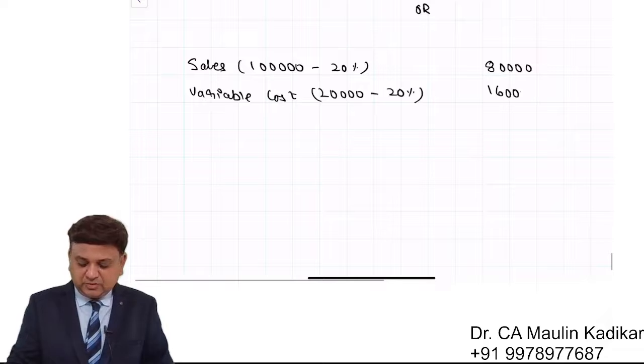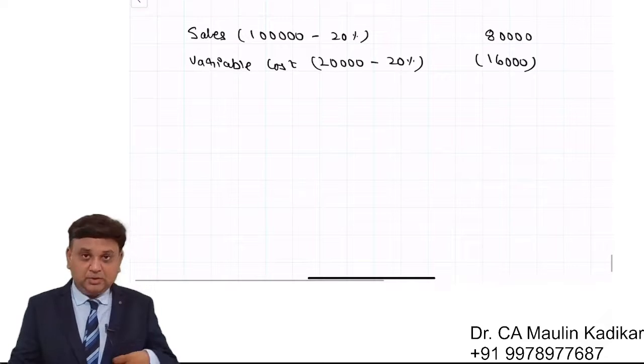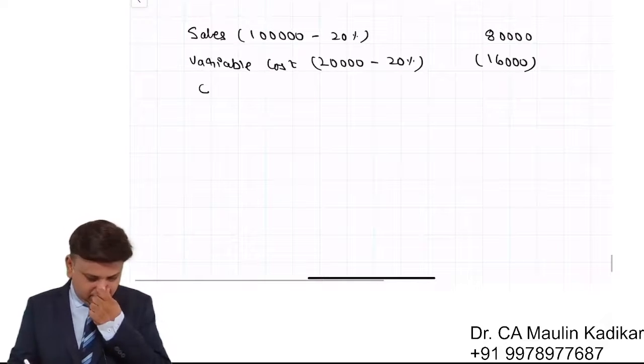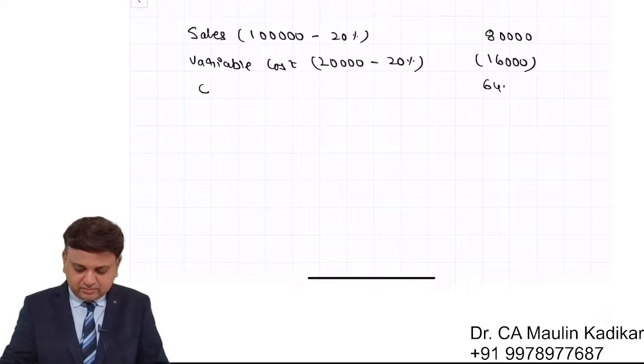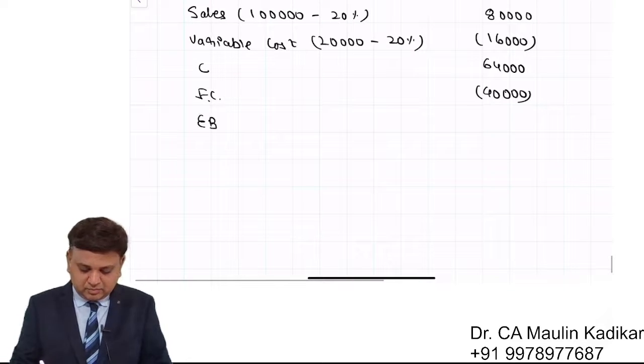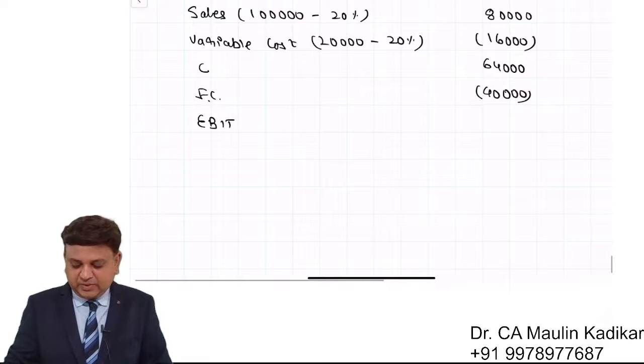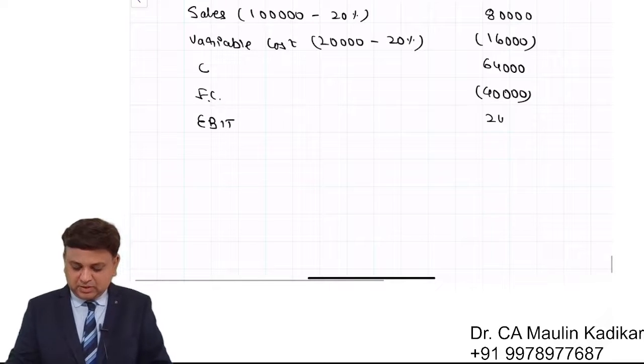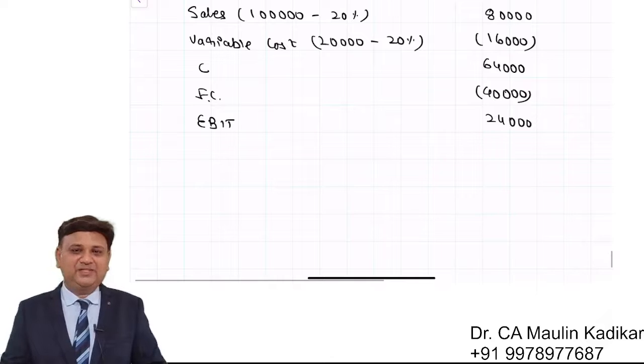That comes to 16,000. So contribution is 64,000. Fixed cost will remain the same, 40,000. So operating income is 24,000. So either of the ways we can calculate the same.